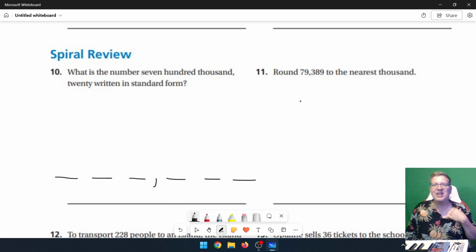Number 11, round to the nearest 1,000. For my students, I usually underline the thousands place, draw an arrow to the digit to the right of that. It's a 3. Think about what your rounding rules are, what direction we need to go, and make sure to write the entire number. Do not forget to use the 7. The 7 needs to be there, okay?